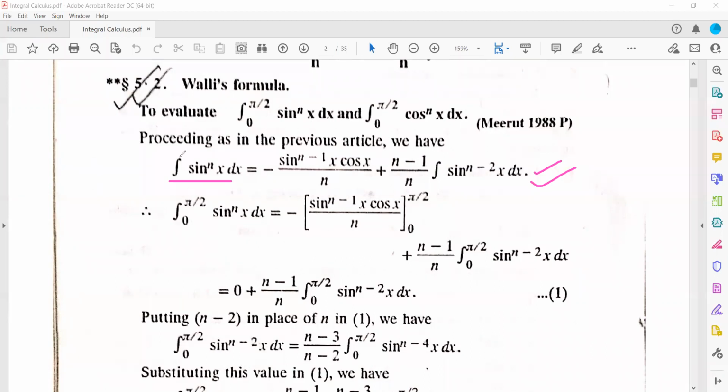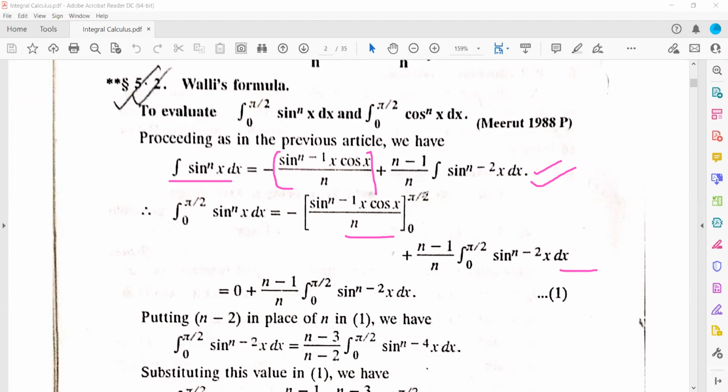So I have put the limit of integration here: 0 to pi by 2 sine to the power n x, then n minus 1 by n, 0 to pi by 2 sine to the power n minus 2 x dx.